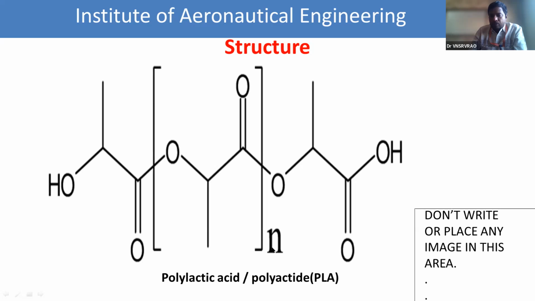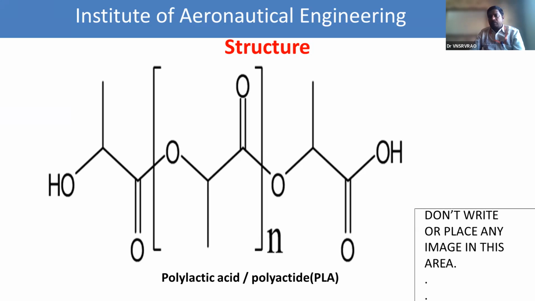And n is the number of moles, where n represents the degree of polymerization. It represents the total number of monomers which participated in the reaction. So it is an example for polylactic acid or polylactate, abbreviated as PLA.